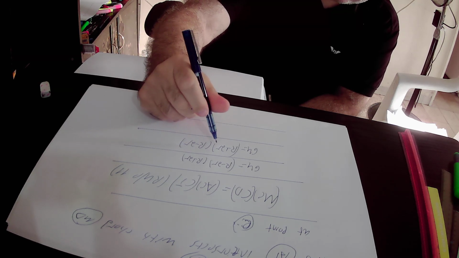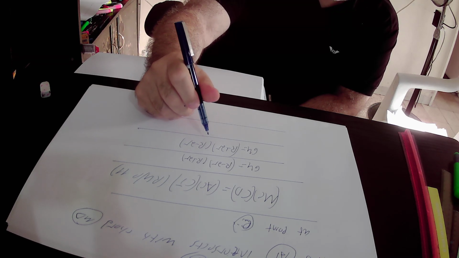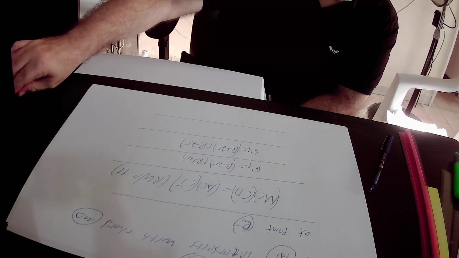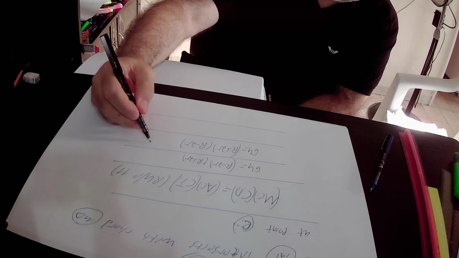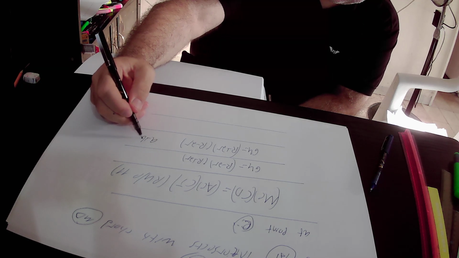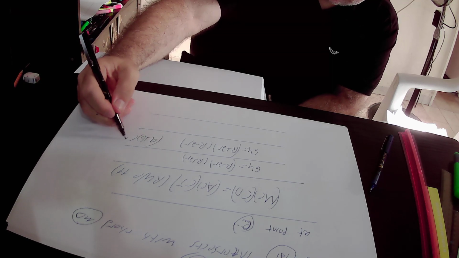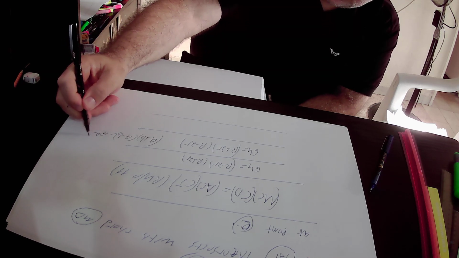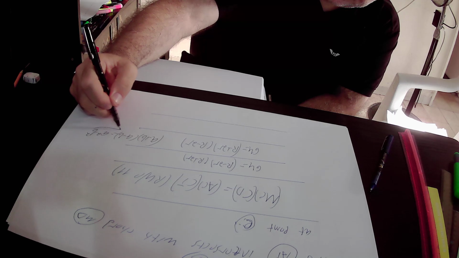So what is the value of the expression capital R plus 2R times capital R minus 2R? According to the algebraic identity, A plus B times A minus B equals A squared minus B squared.